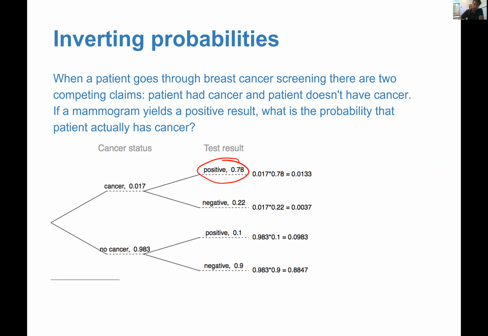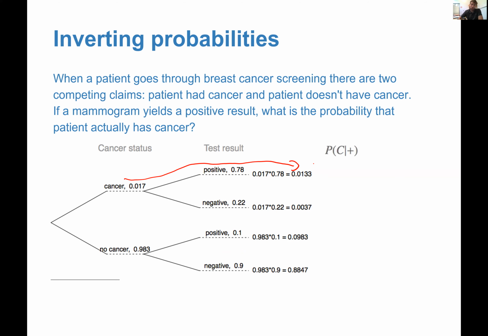That is from the Susan G. Komen number from the last slide, and this is from the third element from the last slide. And so if we've got 1.7% of women who have cancer, then we can multiply these numbers. So when you go through, multiply, and you get 0.0133, and so on for the other three options.